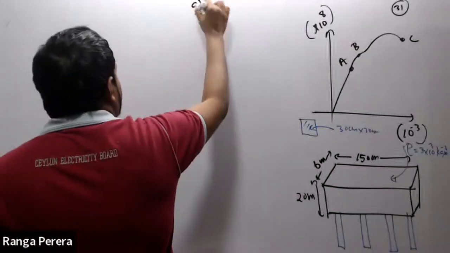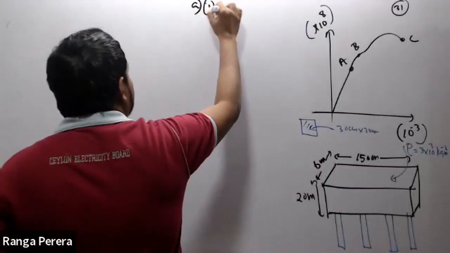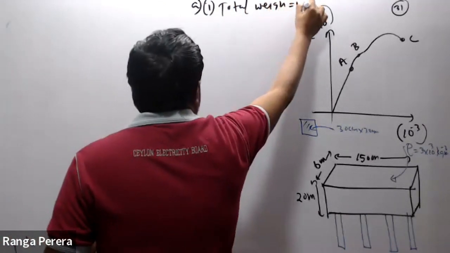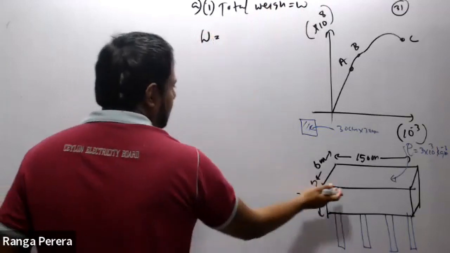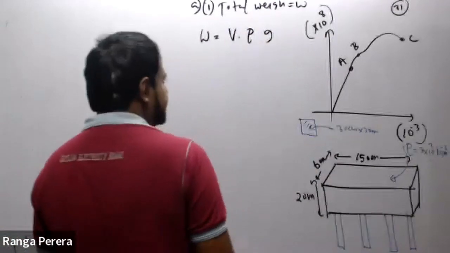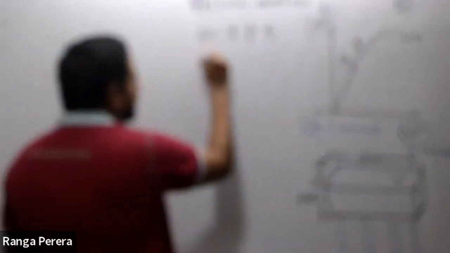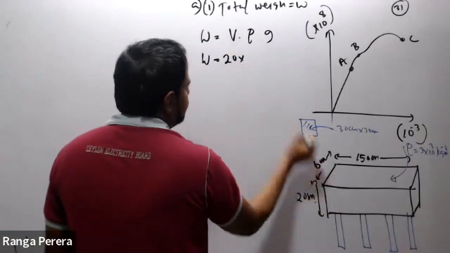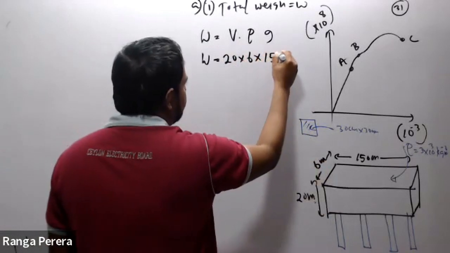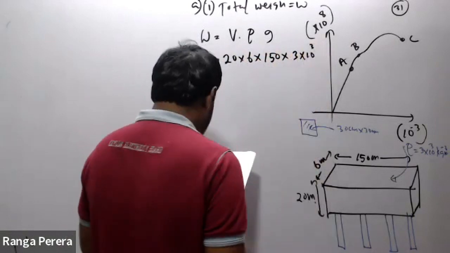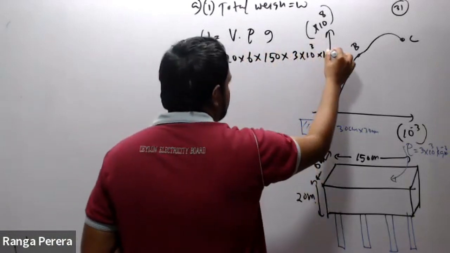For part 1, total weight W equals volume times density times g, since they asked you to find the weight. The volume is 20 × 6 × 150, rho is 3 × 10 to the power 3, times 10.